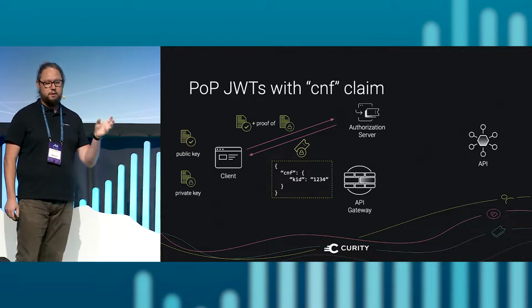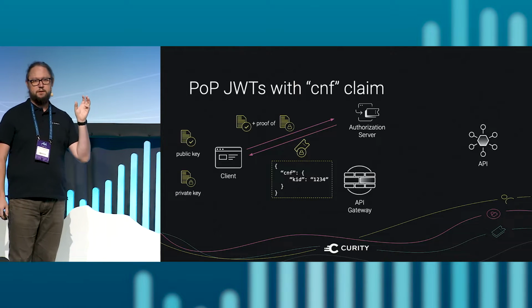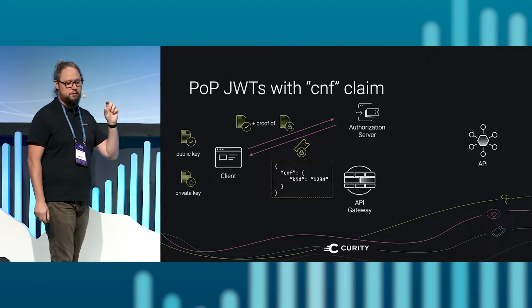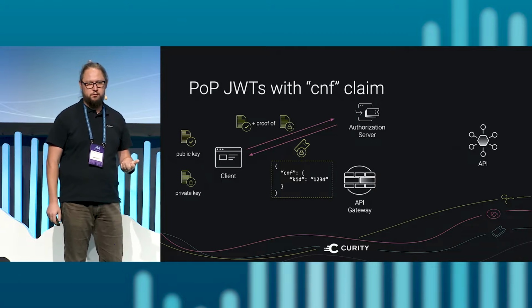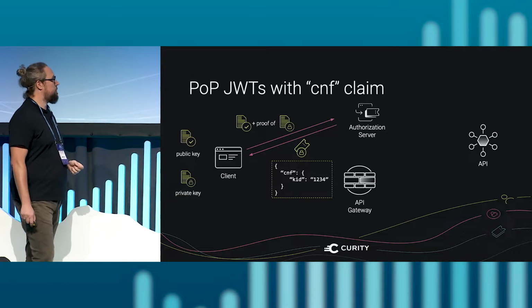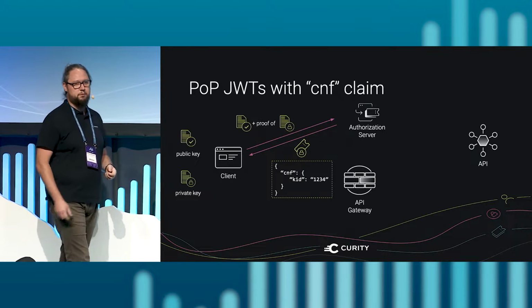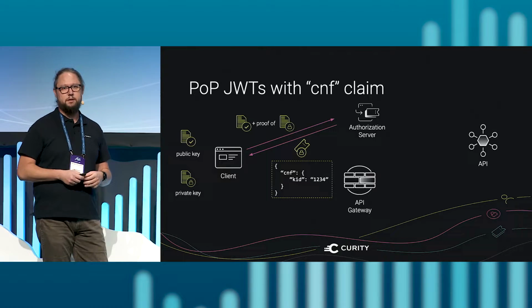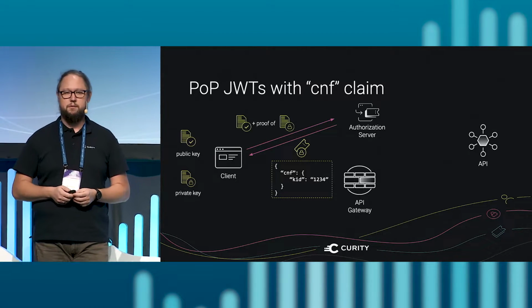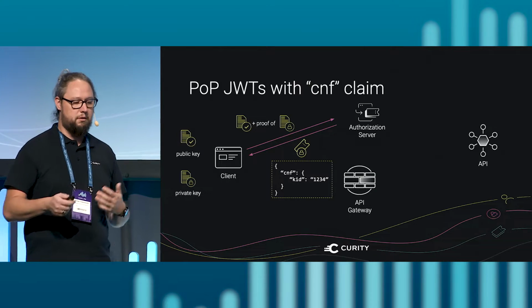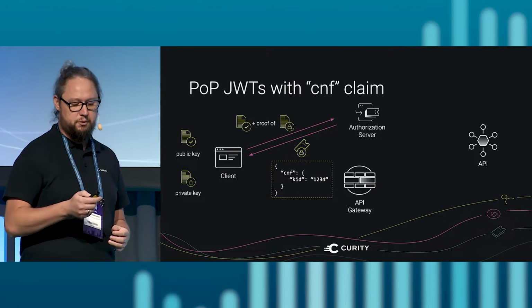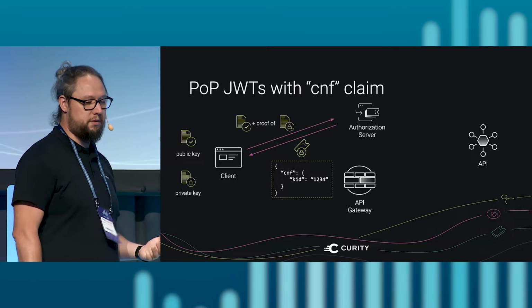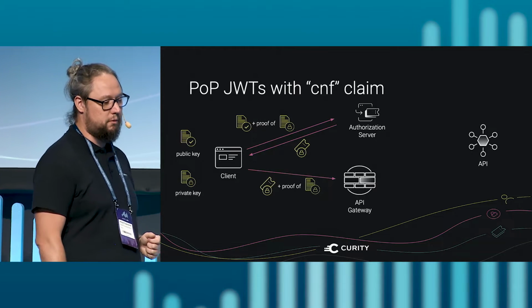So then in the cnf claim, it puts information about the proof that was used. Here I'm using a kid, which might be an ID of a key used in that exchange, but it might also be a thumbprint of a certificate. There are a few different pieces of information that you can put in the token to create such a sender-constrained token.